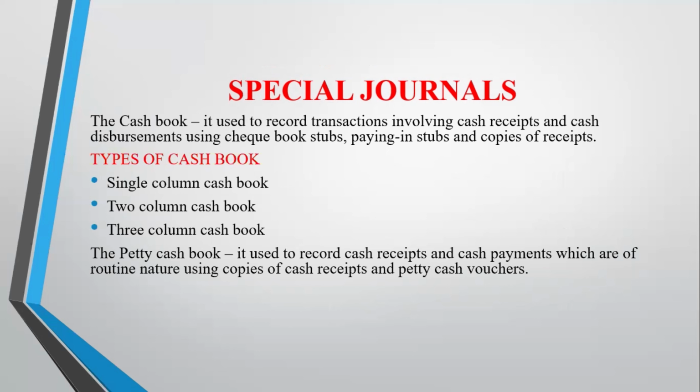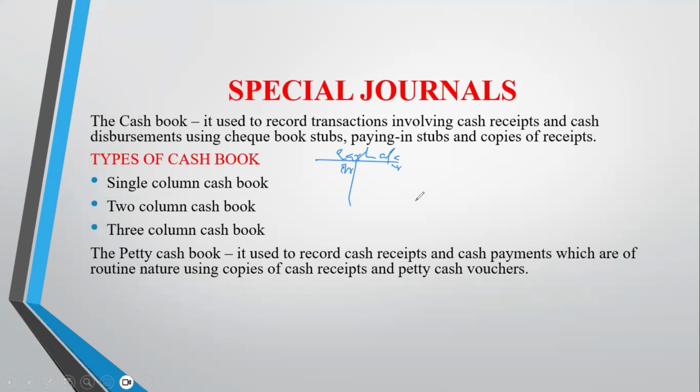With the single column cash book, it's just the normal T account. So the single column cash book is just like this one. Just the cash account. Then we have the credit side. Then we have the debit side.